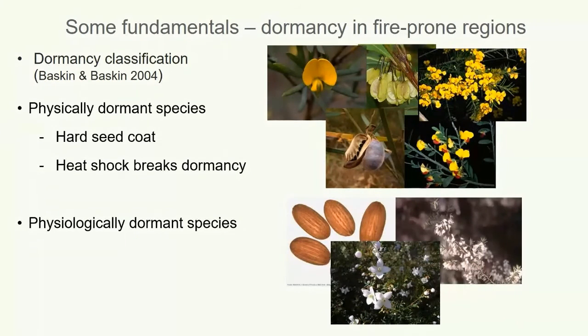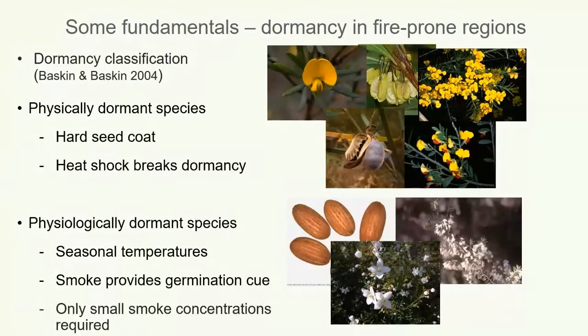The physiologically dormant species, on the other hand, generally require some sort of seasonal temperature variation to overcome dormancy, and they also have a smoke cue. They're the ones that respond and have that germination cue to smoke, and that smoke is usually only in very small concentrations, that's all that's required.